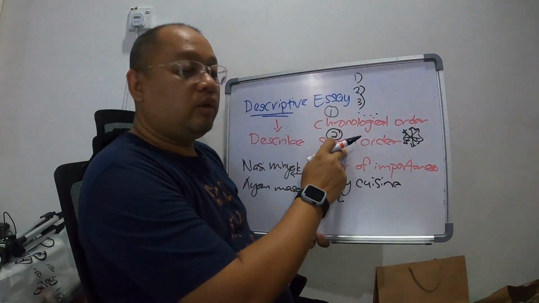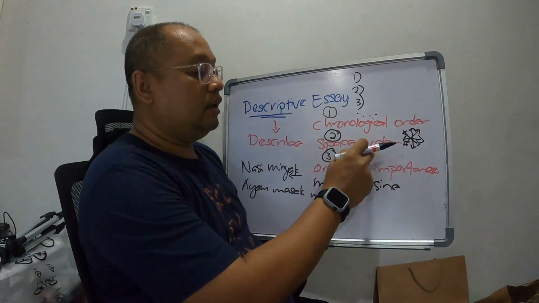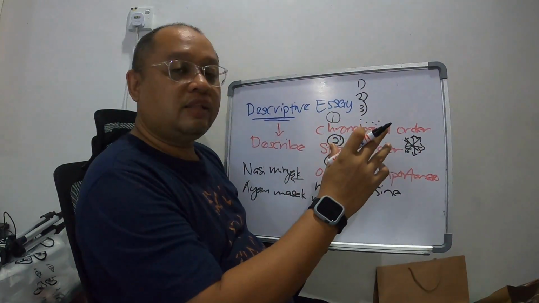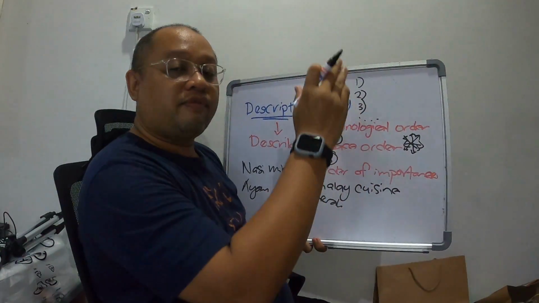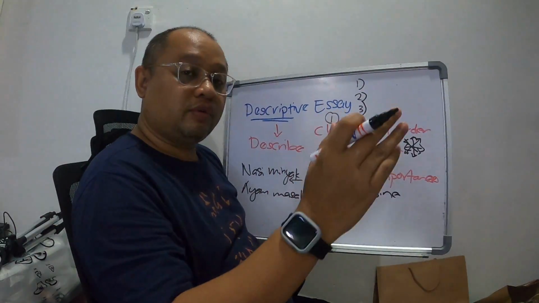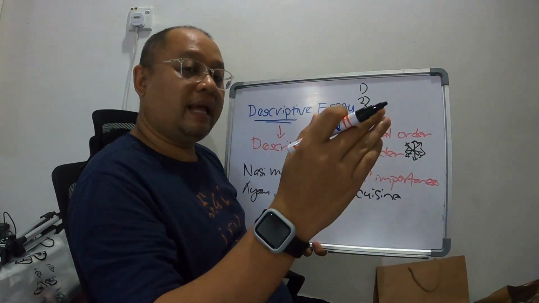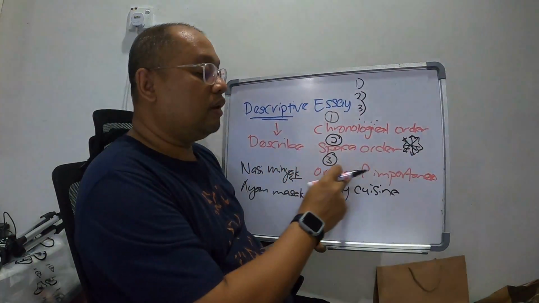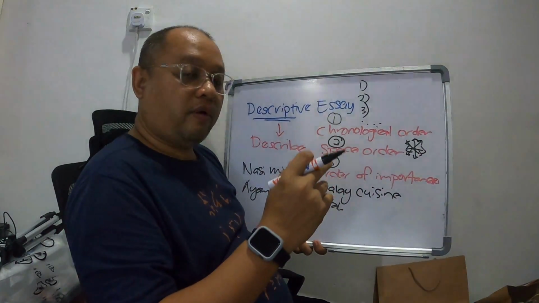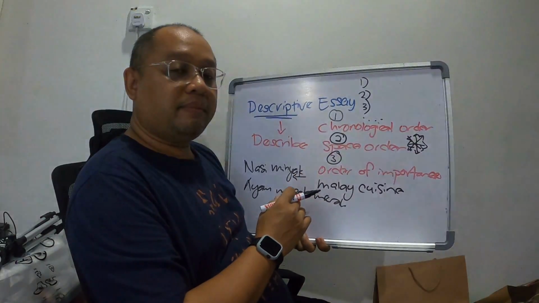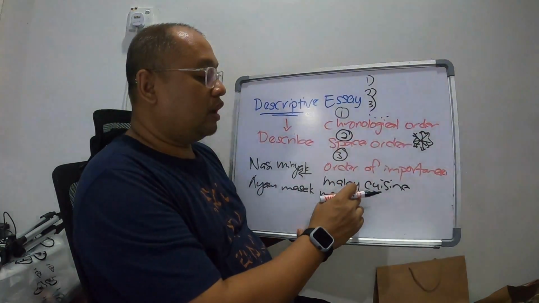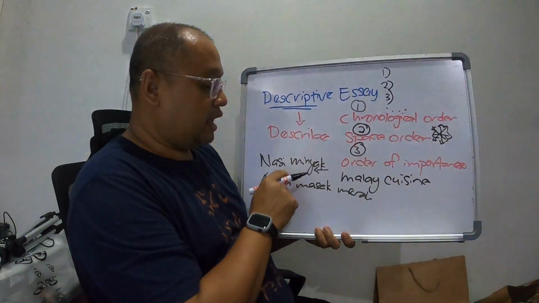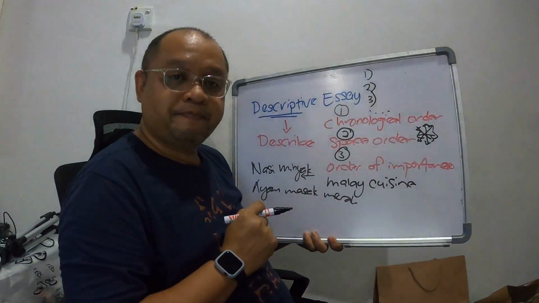When you are using space order, you are actually describing a place. So for instance, you're going to explain the place from front to the back, left to the right, or from this end to that end, and the other way around. And lastly, if you're going to use order of importance, for example, you are going to describe a Malay wedding and you are referring to Malay cuisine, and then you are going to refer to nasi minyak and ayam masak merah, for example.